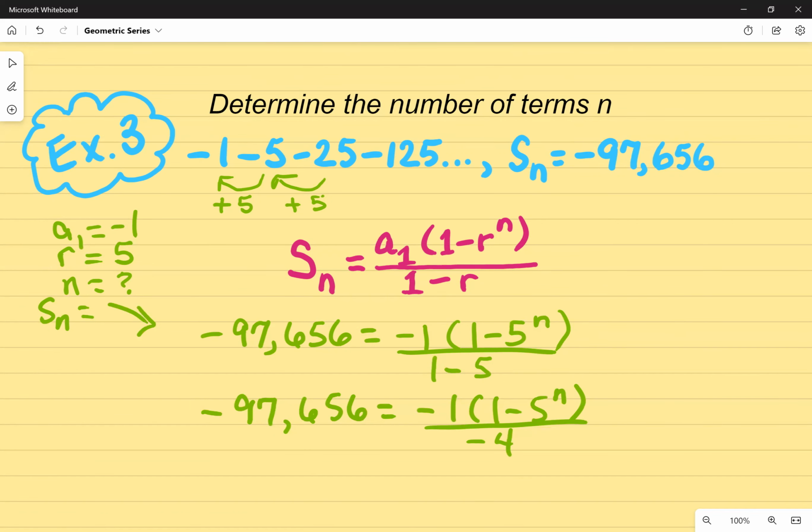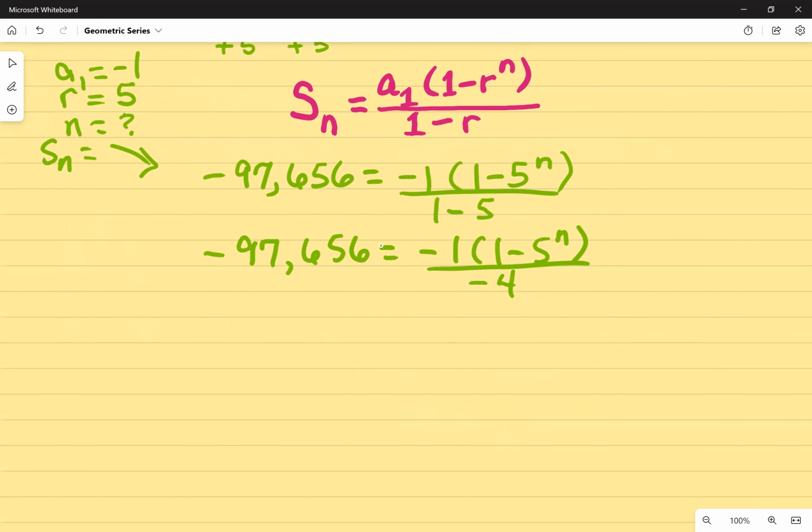At this point, now you just want to get rid of the denominator by multiplying both sides by negative 4. So this is also what I do to one side, I do to the other. And so once I simplify this, negative 4 times 97,656 is going to be 390,624.